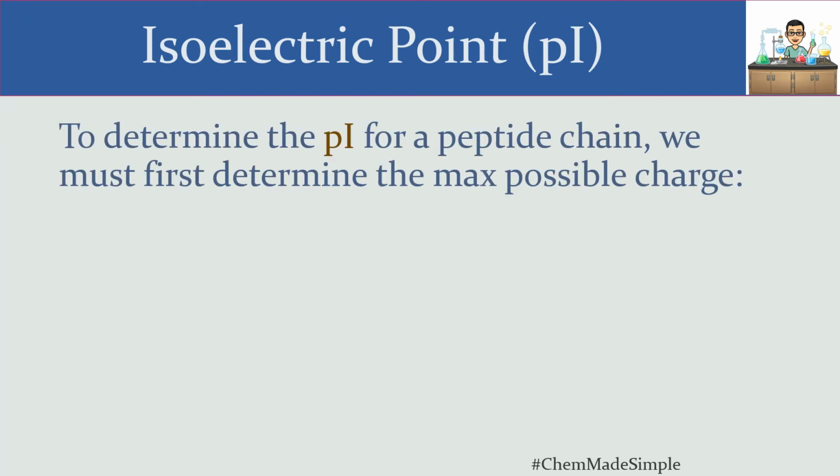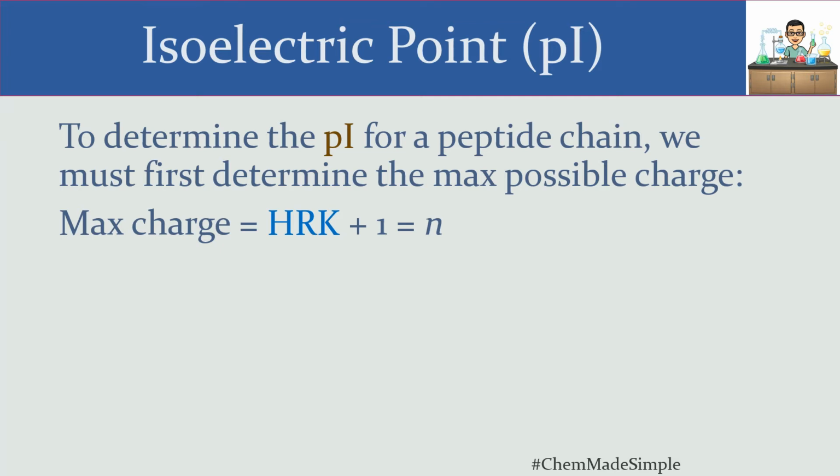To determine the isoelectric point for a peptide chain, in other words, a whole bunch of amino acids added up together, the first thing you should do is determine the maximum possible charge. What's the maximum possible charge? It's when everything is as positive as possible.